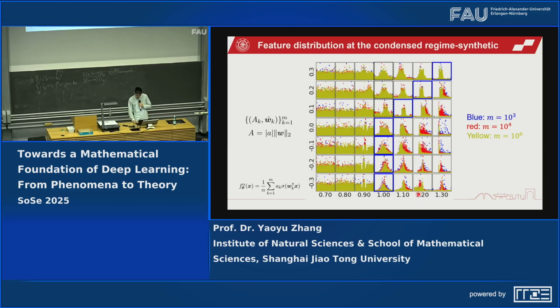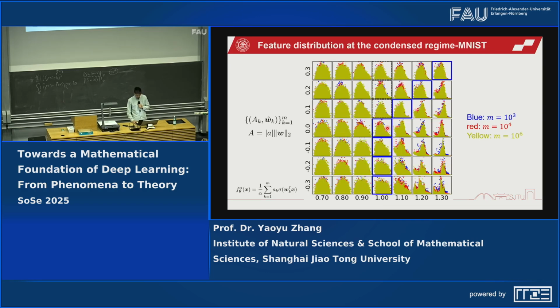And in this graph, you can also see that in the transition regime, the behavior is indeed more complicated. There's also more realistic data, MNIST. This experiment is more difficult, but still you can feel a similar tendency: as you increase the width of the network, the condensation becomes stronger and stronger.